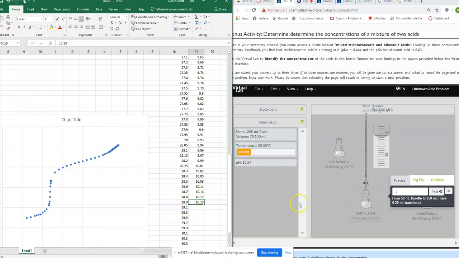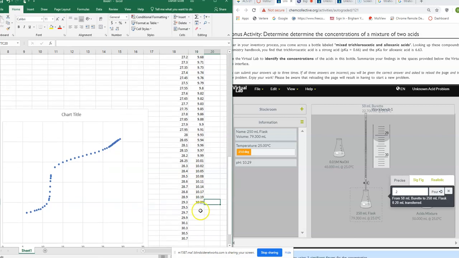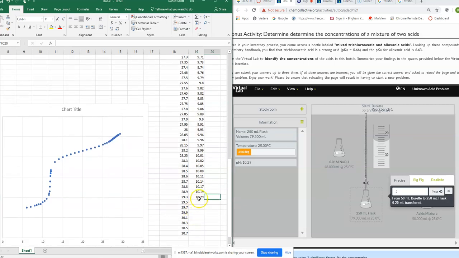So if I add this, am I going to get to 29.1? Oh, that was 29.1. So this is 29.3, 10.29. Okay, that's looking like it's flattening out a little bit. Yeah, that last dot that just got put in there.